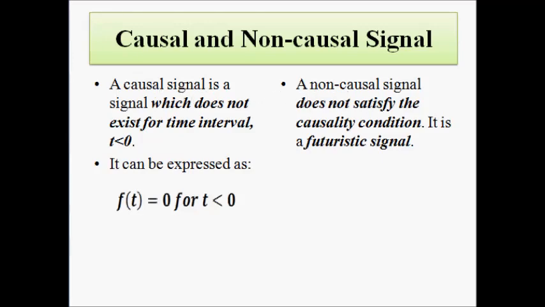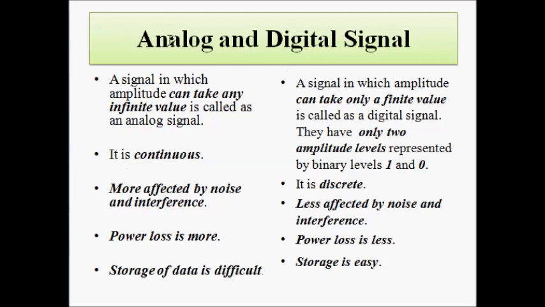So then we have an important classification, which is analog and digital signal. This is the most important classification of signals. An analog signal is one which can take infinite values of amplitude. The amplitude of the signal can take an infinite number of values. There is no limit to it, from 0 to infinity.